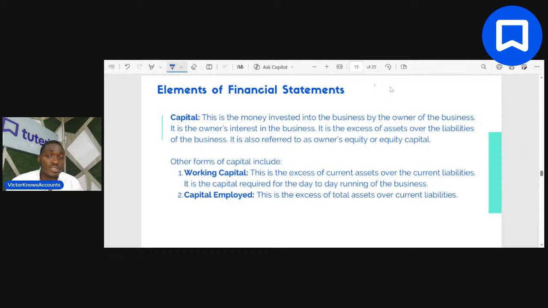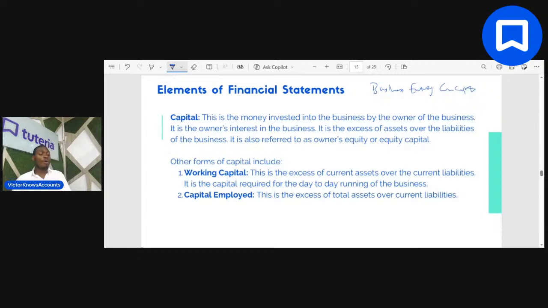So you are correct. So, element of financial statement. So capital, they can ask you a question like this. We have capital because of the business entity concept. The business entity concept says that the owner of the business is separate from the business. That's why we have a separate account for capital. Because if they are the same thing, you don't necessarily have to prepare an account for yourself.